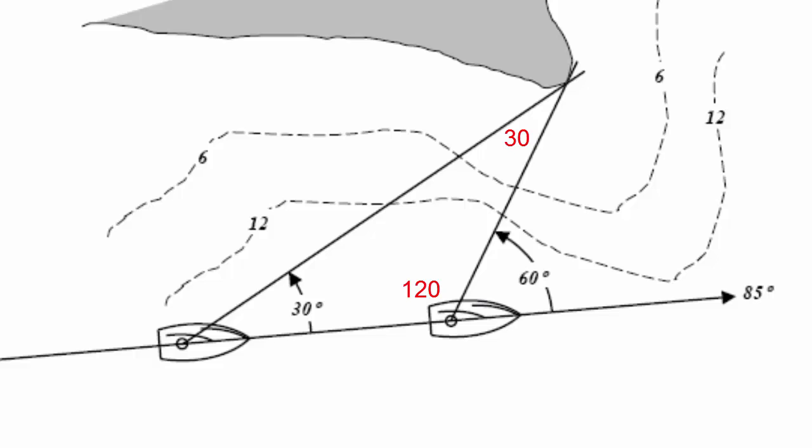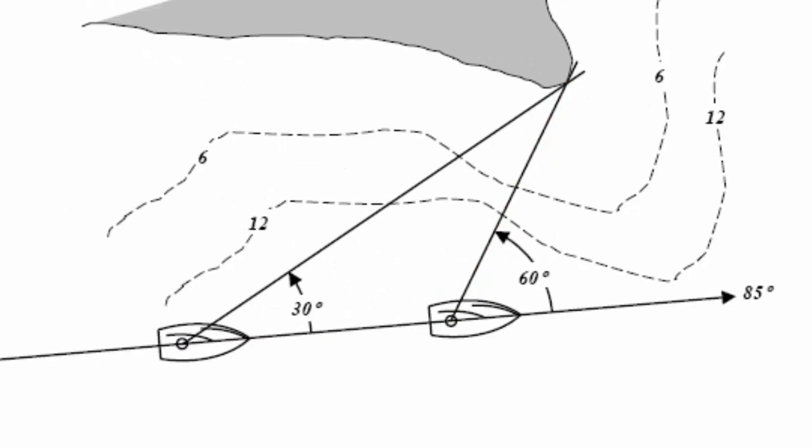So, two of the internal angles of the triangle are known to be 30 degrees and 120 degrees. Subtracting these two angles from 180 degrees yields the third internal angle of 30 degrees. Now, since this triangle has two 30-degree internal angles, it therefore has two sides of equal length as shown.